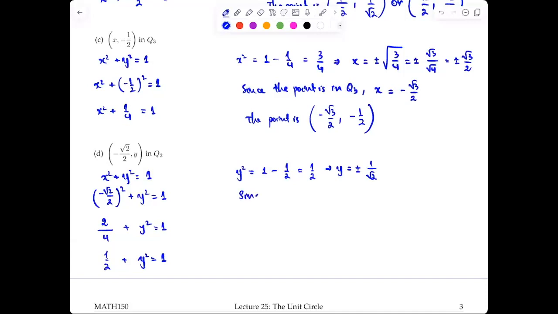So y is equal to positive 1 over root 2. So the point is negative root 2 over 2, comma, positive 1 over root 2.